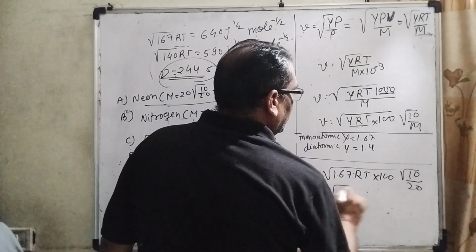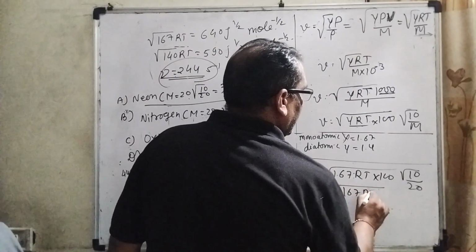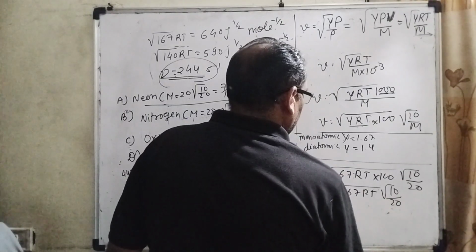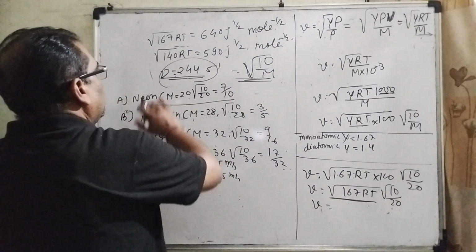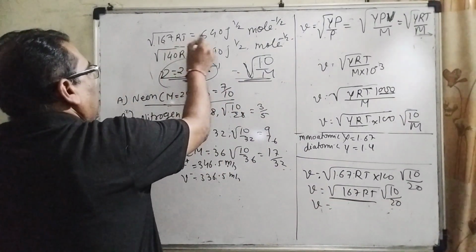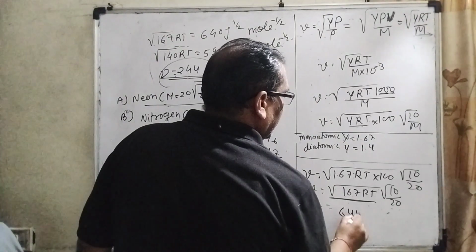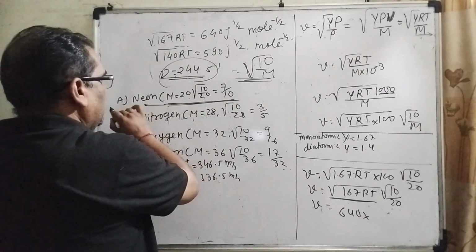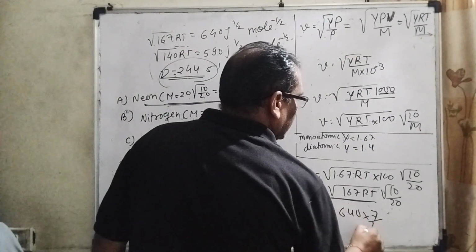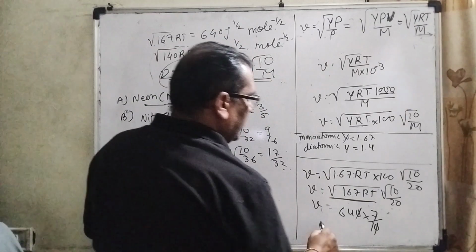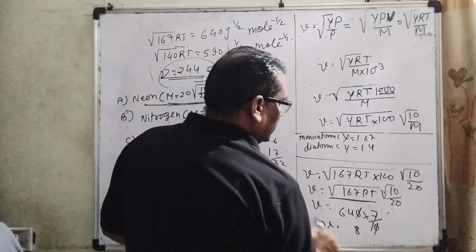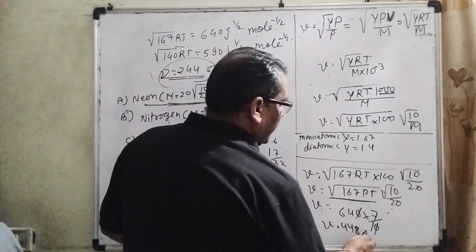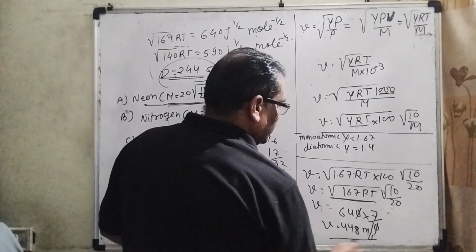Then V equals root 167 RT into root 10 by 20. Here root 167 RT is 640 and root 10 by 20 for neon is 7 by 10. Then V equals 448 meter per second. It is the first value.